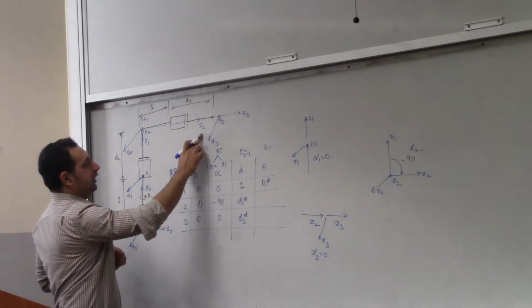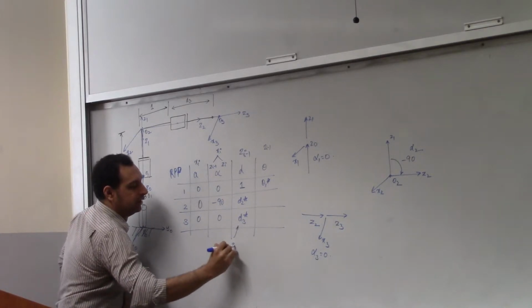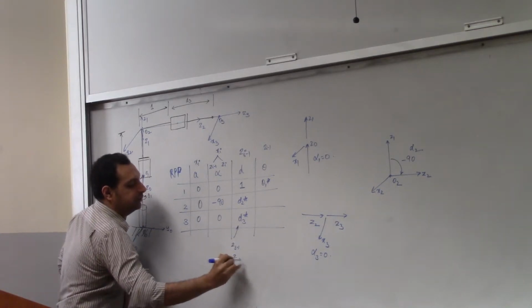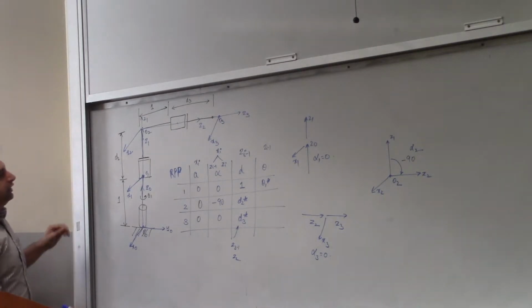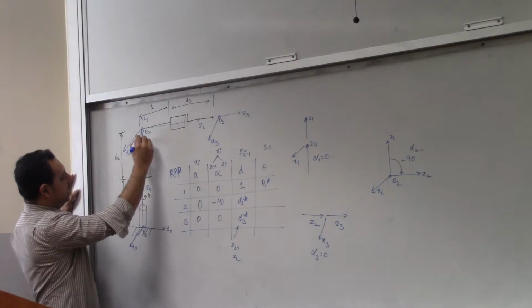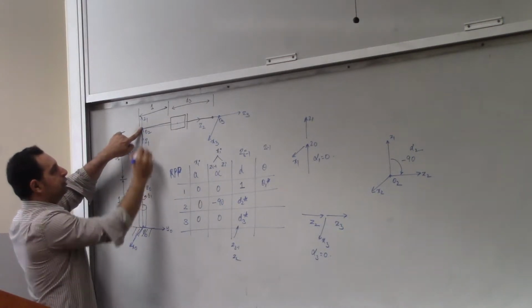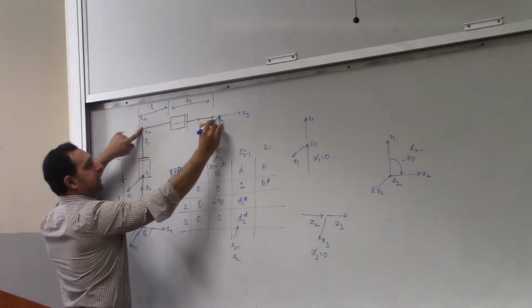D3 is measured along Z2, because D3 is measured along 3 minus 1, the Z2 axis. So you start from here, Z2, till it is intersecting the next axis. Z2 starts from O2 till it is intersected by X3 here.